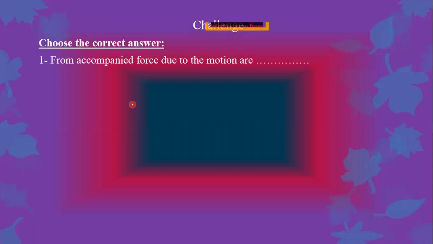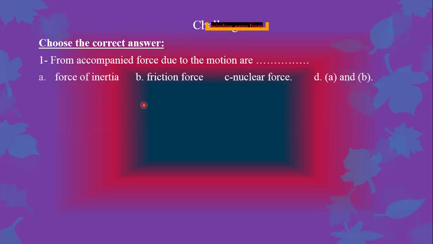Let's see some questions to choose the correct answer. Forces accompanied by motion: force of inertia, friction force, nuclear force, A and B. We talked about two of them today, force of inertia and friction force, so A and B is the right answer.